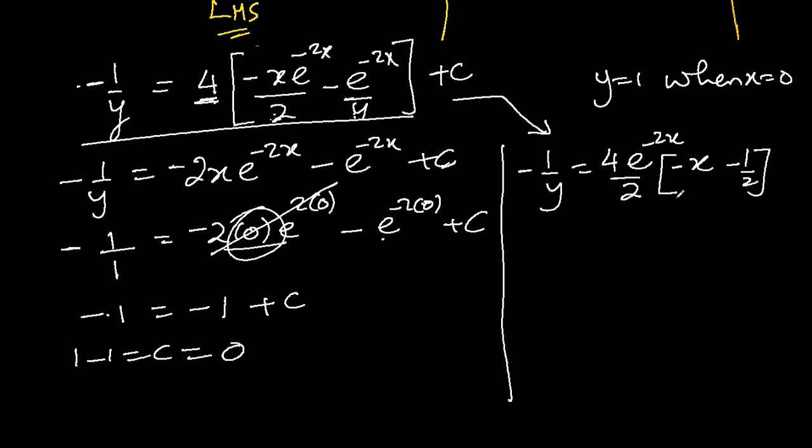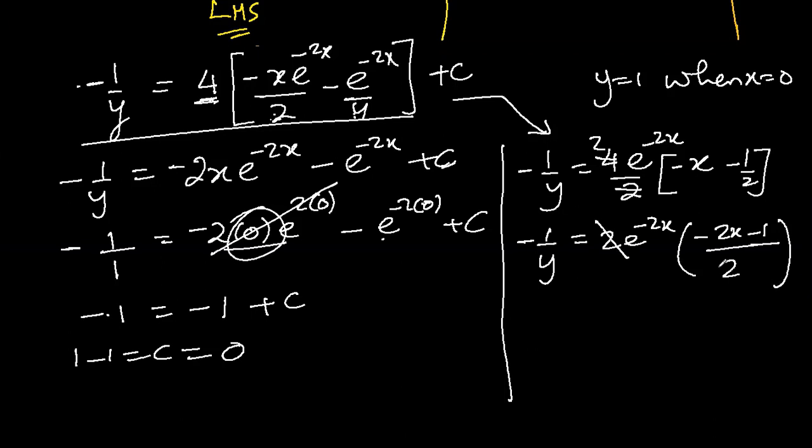Okay, so now we have to reciprocate this. Before that, let's make this also a rational part. So minus 1 over y equal to, and 2 and 4 can cancel. 2 e to the power minus 2x, and the LCM of these two will be 2, and we'll be left with minus 2x minus 1.